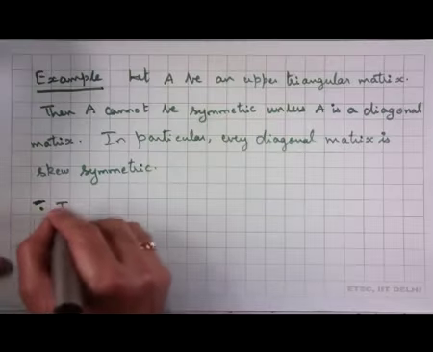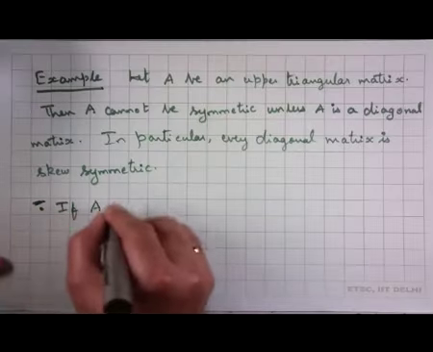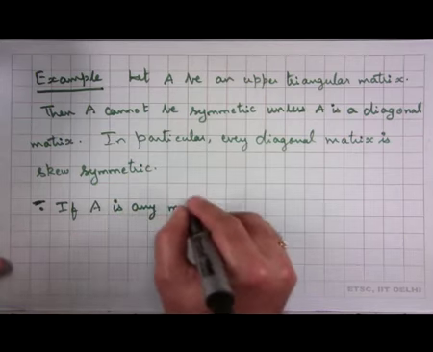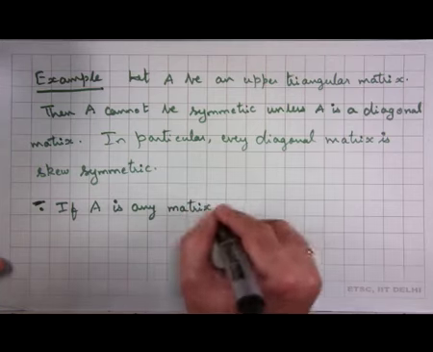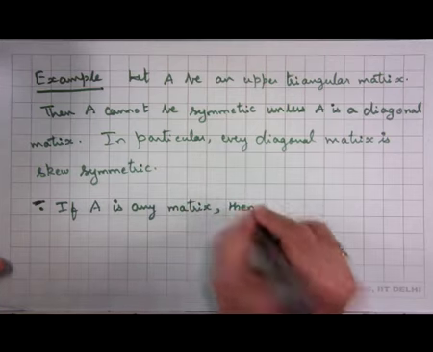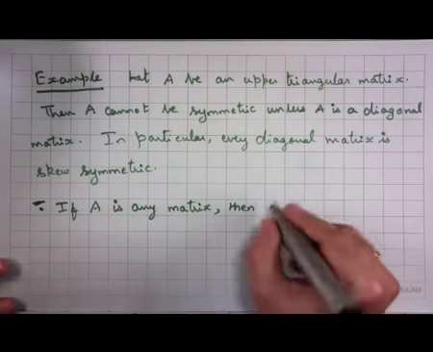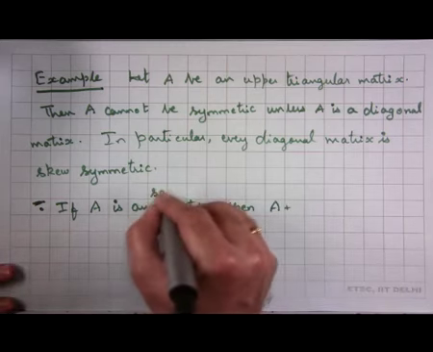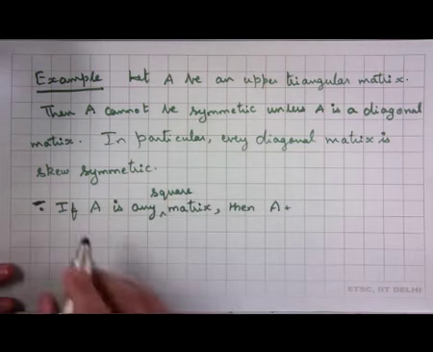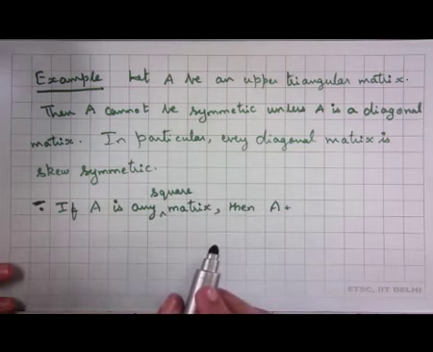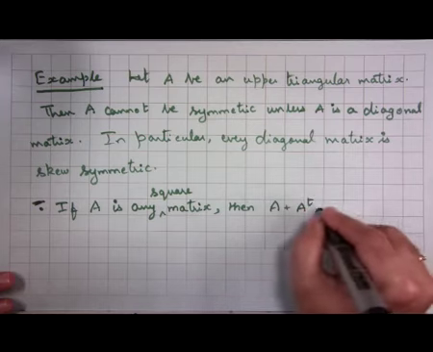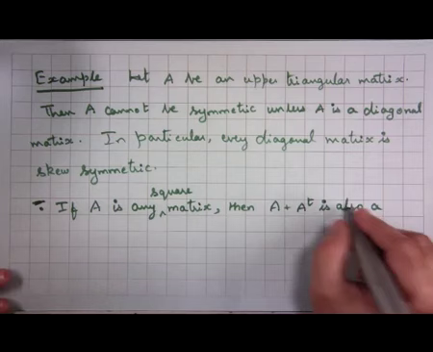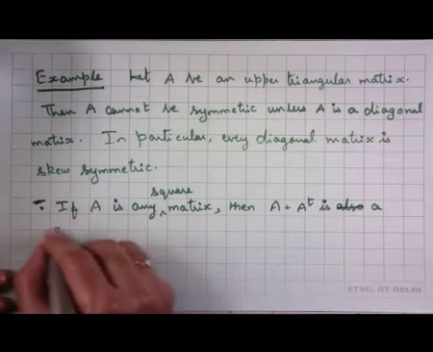Well, if A is any square matrix, then A plus A transpose is also a symmetric matrix.